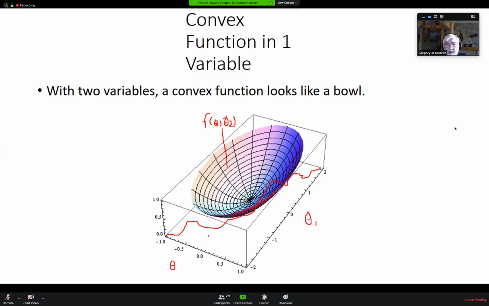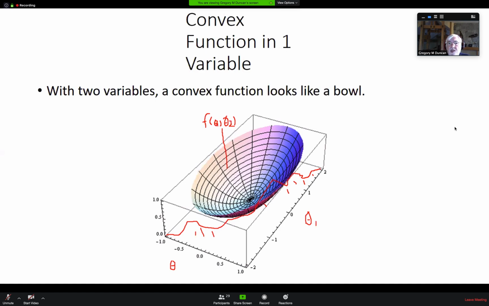And let's say the only part of the parameter set is this part in here. It may turn out to be the case you can't find a unique optimum in that case, even though the function is convex, because the set it's defined on is not convex. That can be the case.